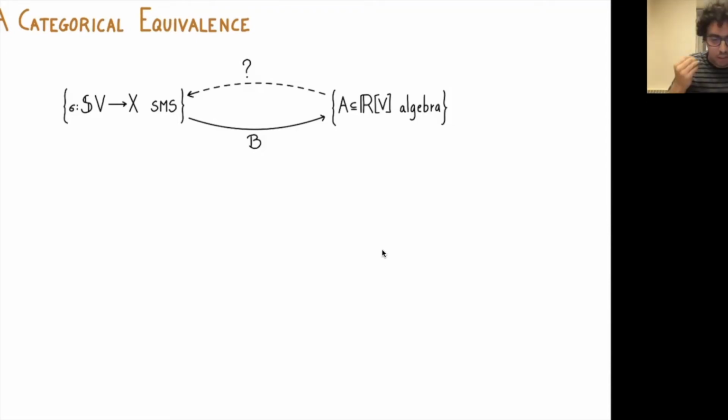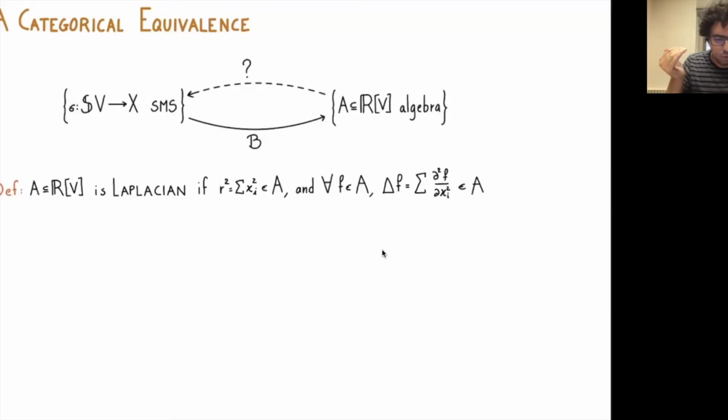And indeed, this can be done. Before that, I need to define the concept of Laplacian algebras. We say that an algebra of polynomials is Laplacian if, first of all, it contains the quadratic polynomial given by the squared distance from the origin, and also if it is preserved by the Laplacian.